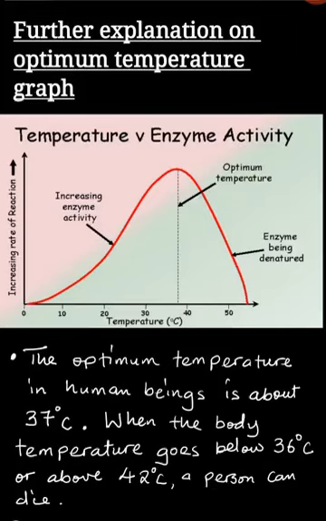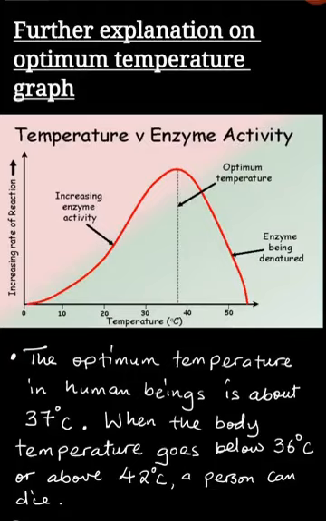But the best temperature at which the enzymes in the body work is around 37 degrees Celsius. So, as you are learning your biology and trying to understand the topic on enzymes, this is one of the areas that you must pay very close attention to.